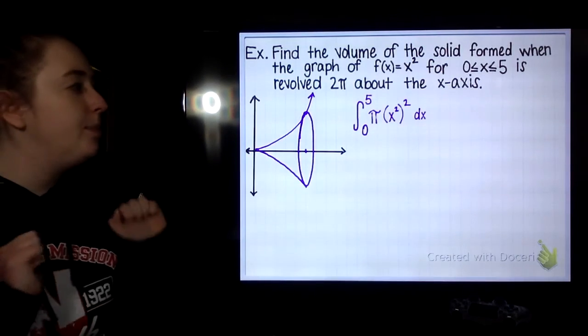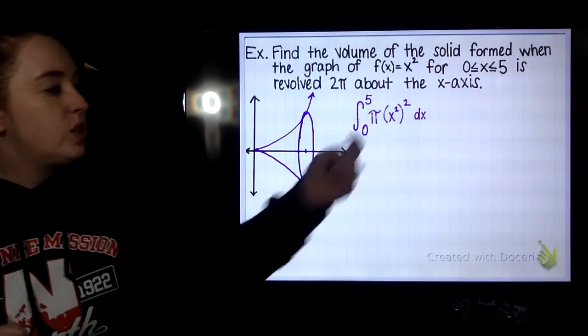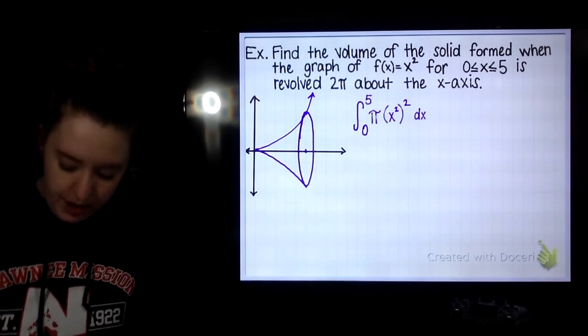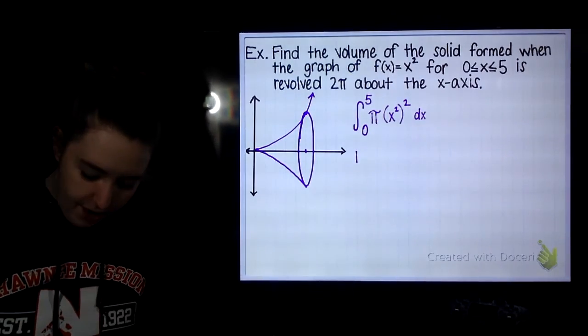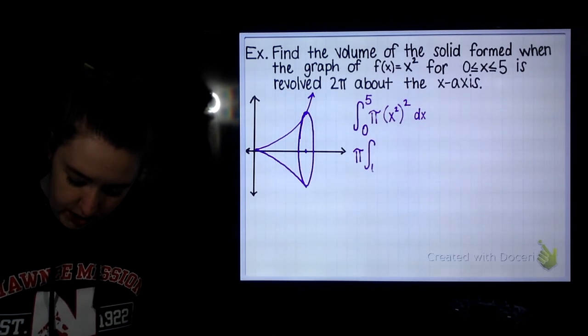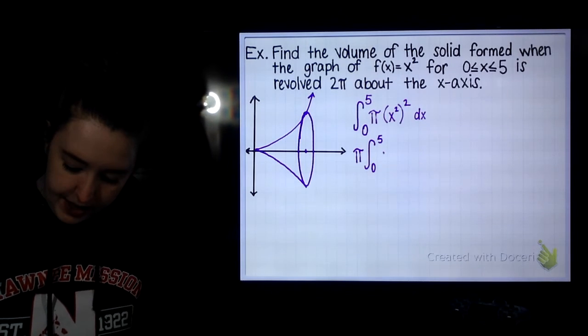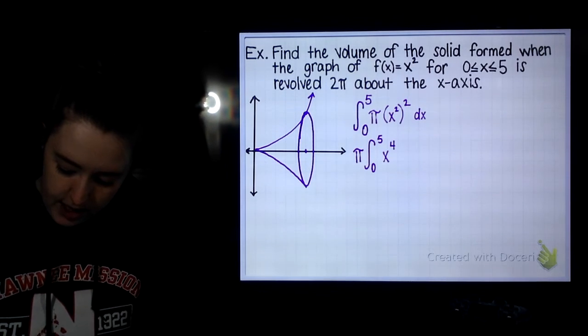Okay, cool, moving on. So right here I got x squared squared, so that means I have x to the 4th. And I'm going to pop that pi out front so that he doesn't scare me. Integral from 0 to 5 of x to the 4th dx.